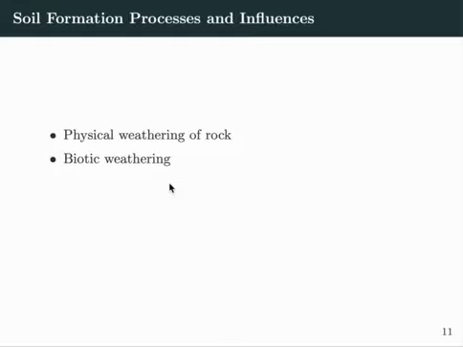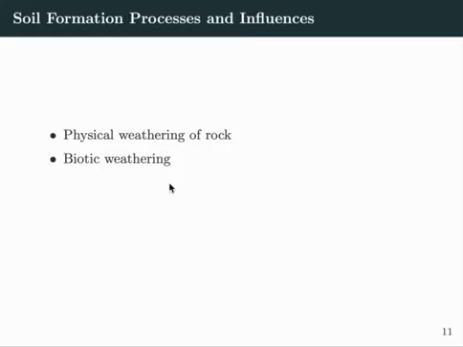There's biotic weathering, and this arises when fungi especially put out extracellular acids into the soil to force the rock to release more of its nutrients.